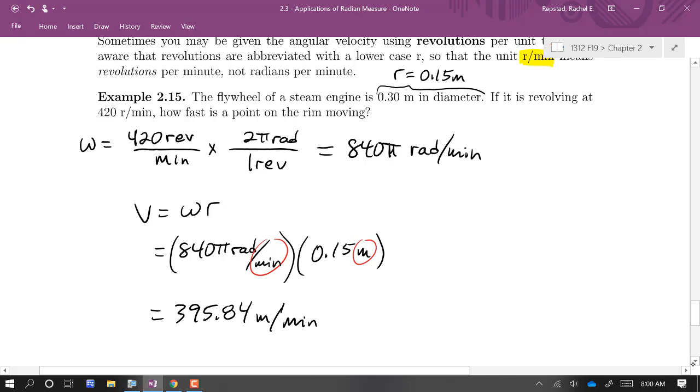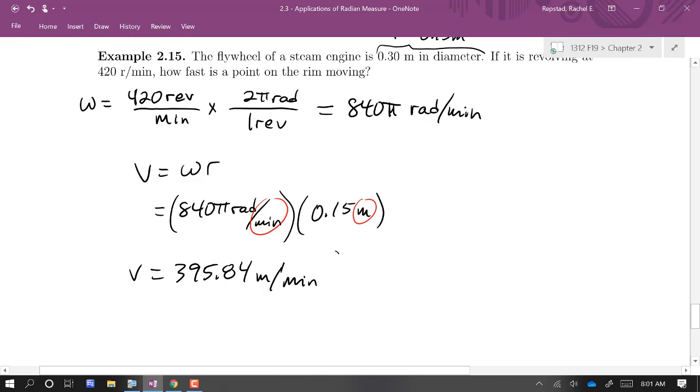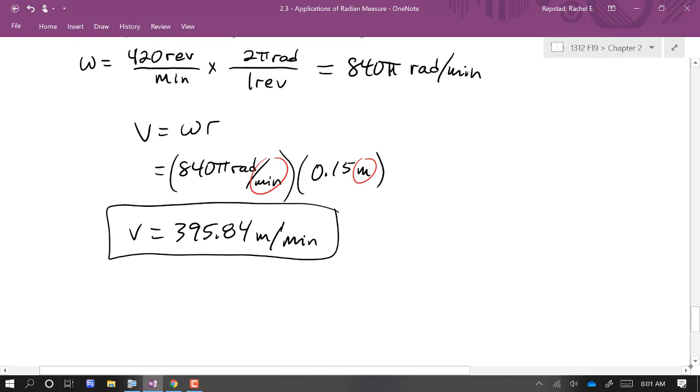We could leave it like this, or sometimes folks prefer meters per second. It's a more common unit, so we could do that easily with a little dimensional analysis. 1 minute, 60 seconds.